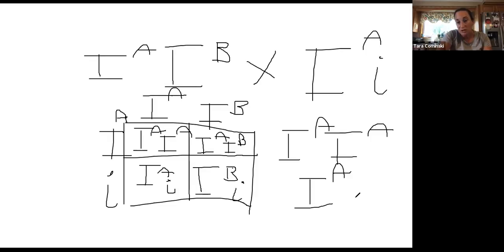If I give you a question like this as an essay question, I'll ask you about possible genotypes and also possible phenotypes. In this case, in terms of ratio or percentage of possible phenotypes, it is 50% type A blood, 25% type AB blood, and 25% type B.